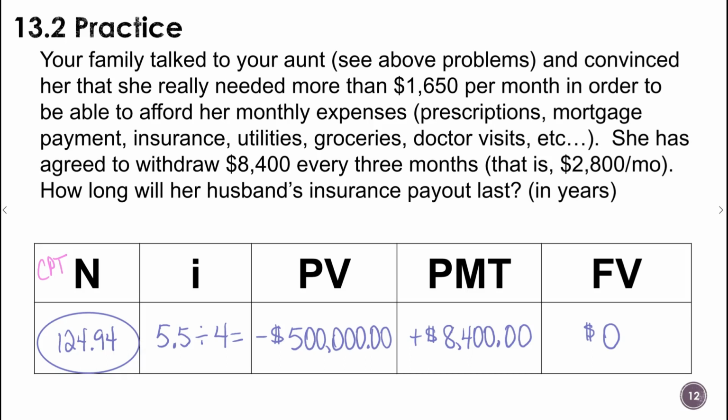Now remember, this is quarterly, so that means that there are 4 periods each year, and we divide this by 4, and that would be 31.24 years. So it's going to last her more than 30 years if she withdraws a higher amount, which would be okay, I think, since in the first place, if you remember, she was 72 years old. So I think withdrawing more is a good idea.